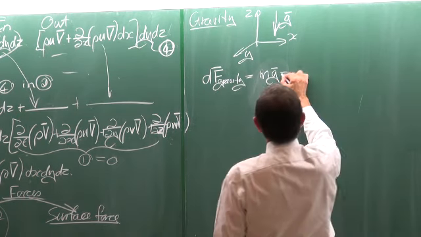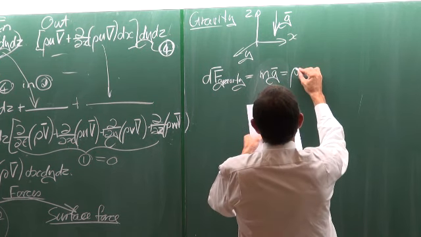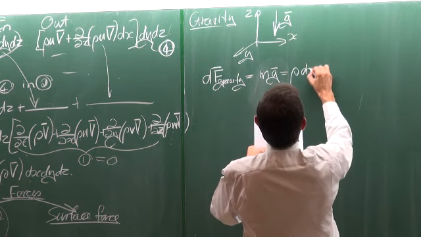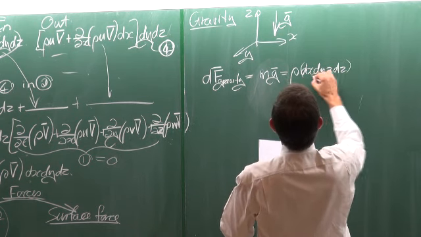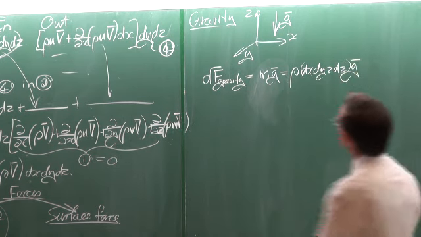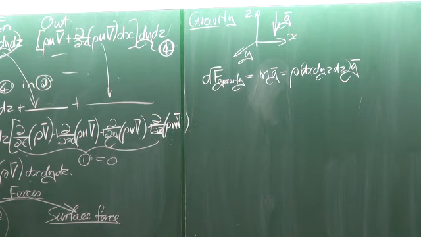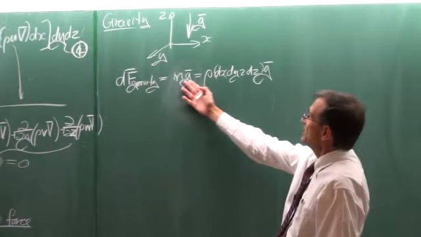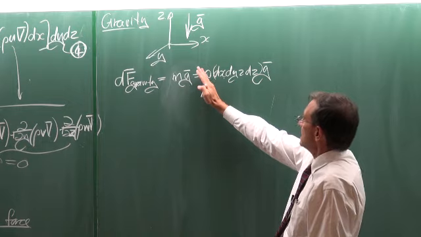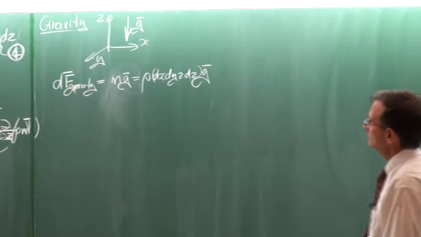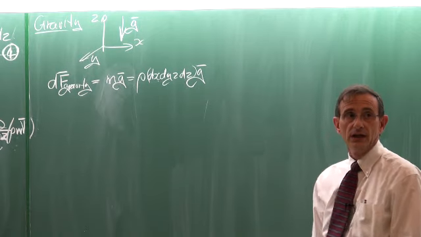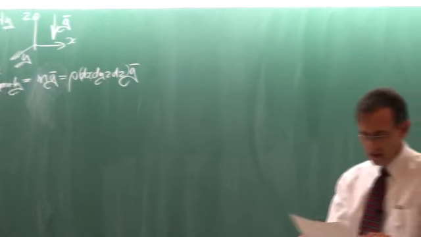The mass is equal to rho multiplied by the volume, dx dy dz, multiplied by g. So that would be the gravity force: the mass multiplied by g, where the mass is the density multiplied by the volume. Happy with that?